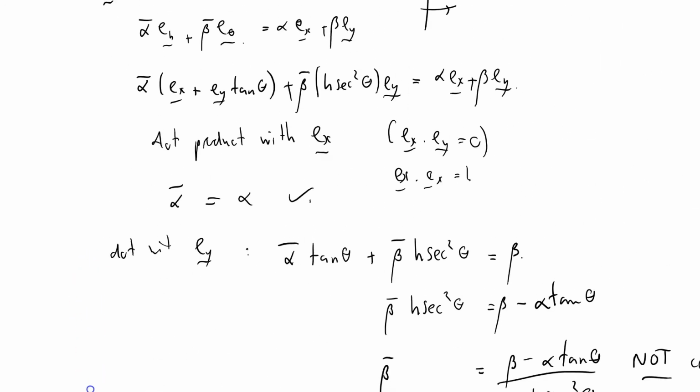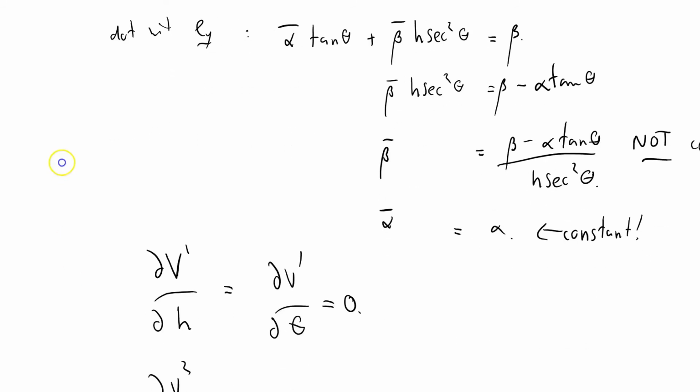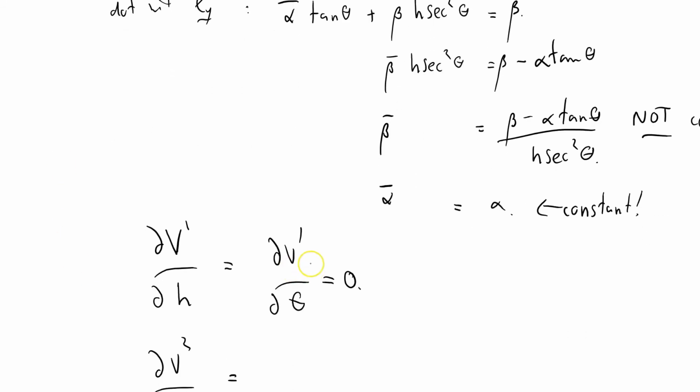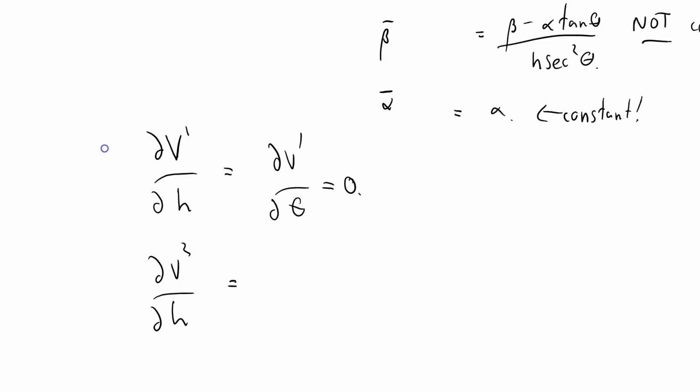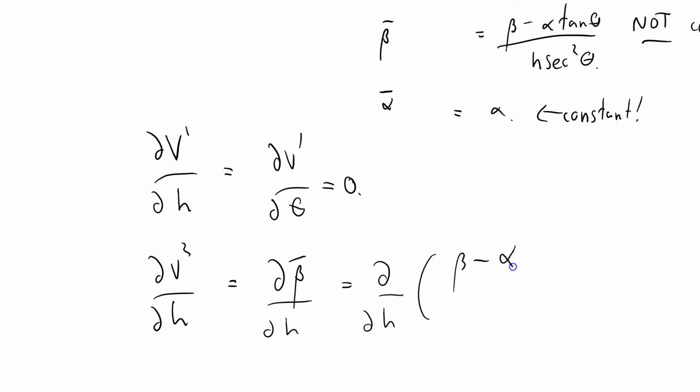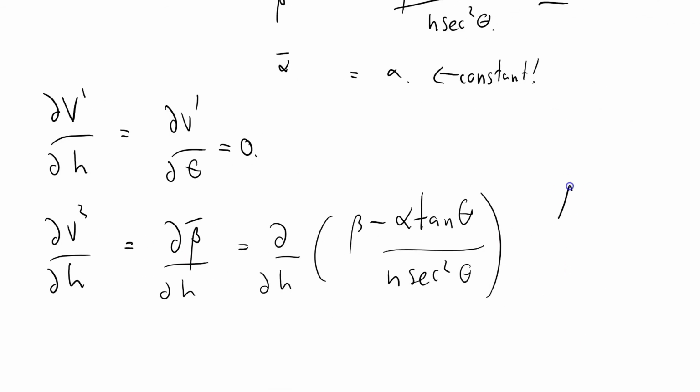Oh no, have I got it the wrong way around? No, I haven't. The alpha is constant. But ∂V2/∂h is ∂beta bar/∂h, the differential with respect to h of this thing here, beta minus alpha tan theta over h sec squared theta. It's a mess. Not constant.